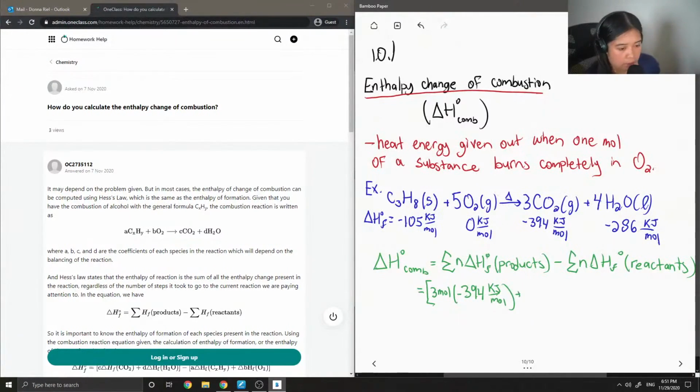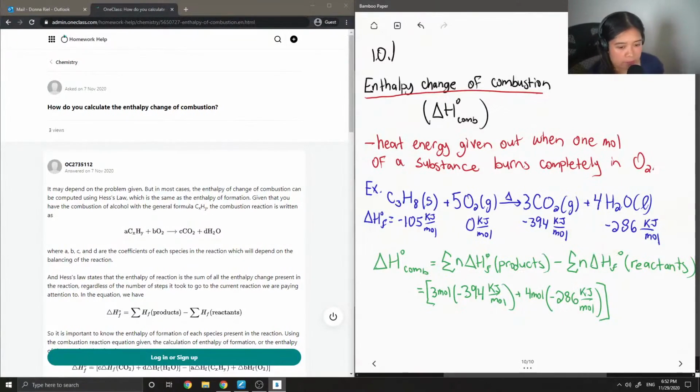Next, this is going to be added to 4 moles times the negative 286 kilojoules per mole from the water. Okay, so those are all of our products.